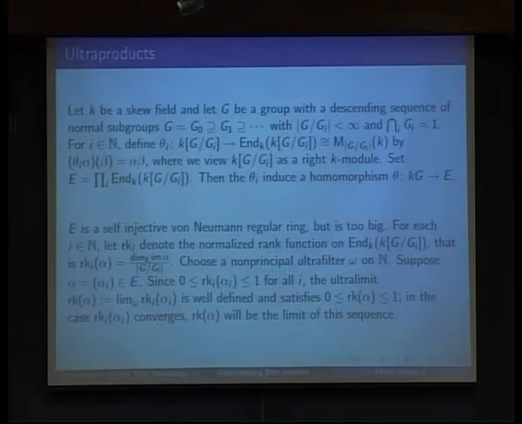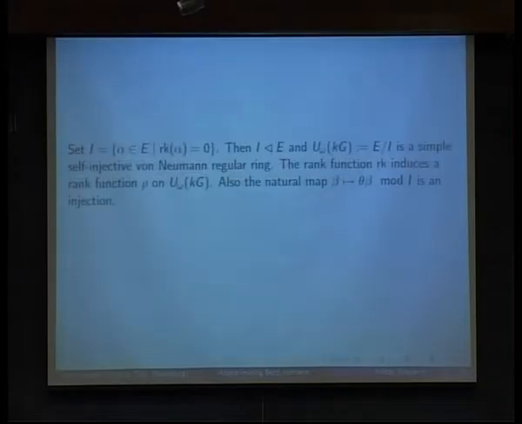So in other words, the ultralimit is a way of making sure you always have a limit. And then you set I to be those elements with rank 0.